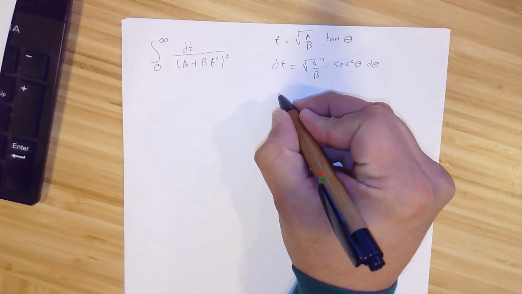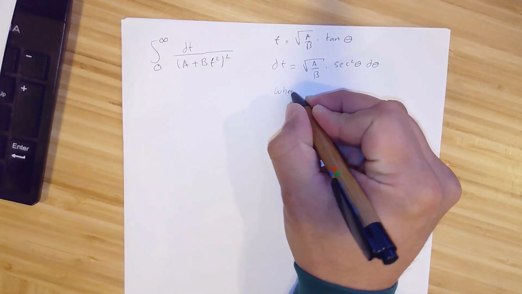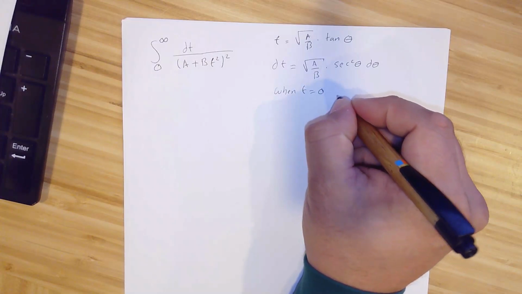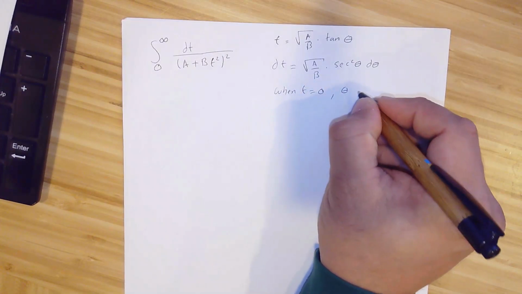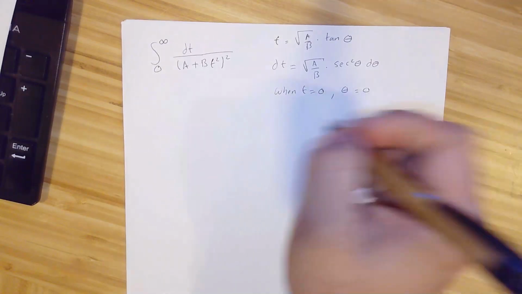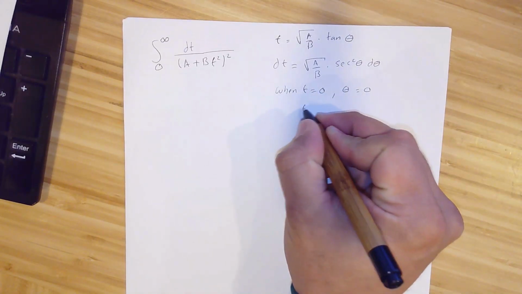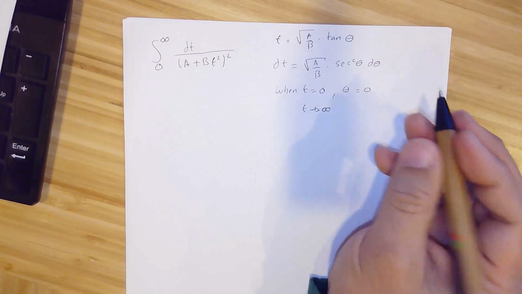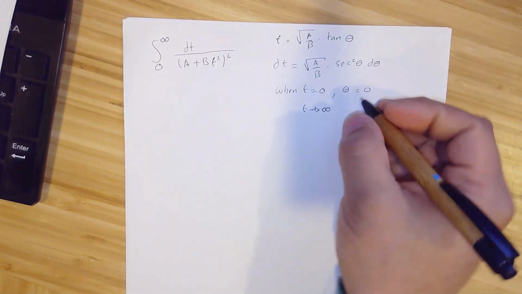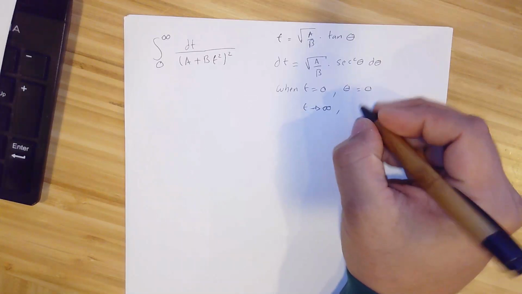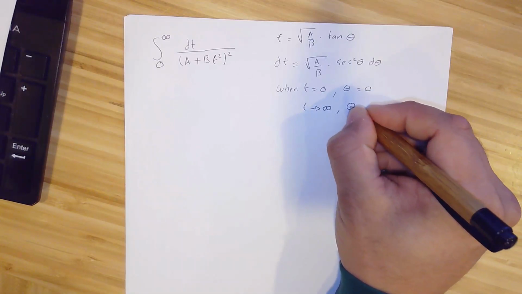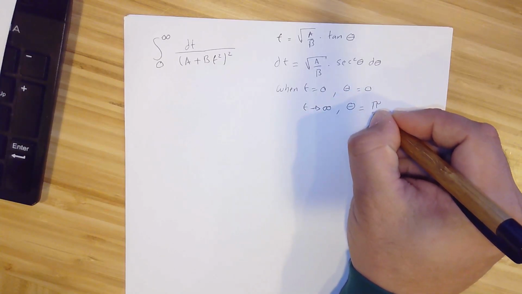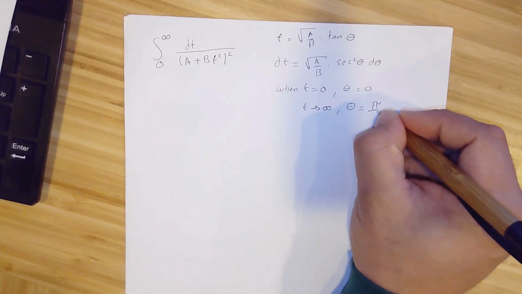In this case, when t is 0, it is easy to know that theta also will be 0, right? When t tends to infinity, because we never reach infinity, we tend to go to infinity, then we can say that that happens when theta, the angle, goes to pi over 2.